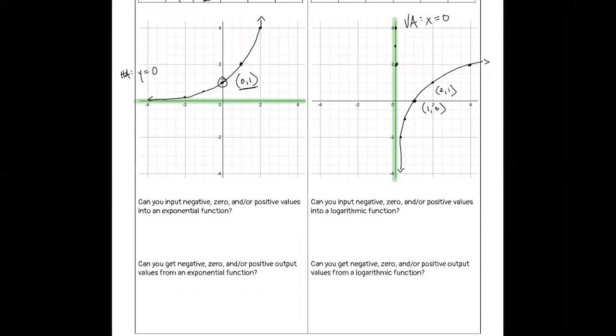So for the exponential function, can we put in negative numbers? Like, can x be a negative number for the exponential function? Yes, okay. So for the negative numbers, yes, we can put those in. Can we put 0 into the exponential function?